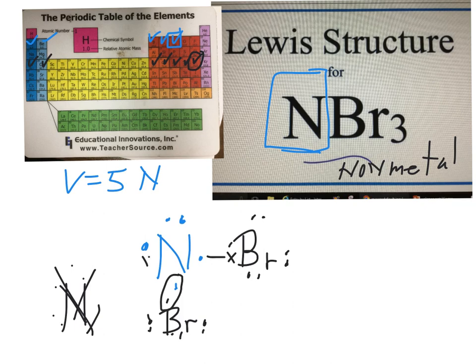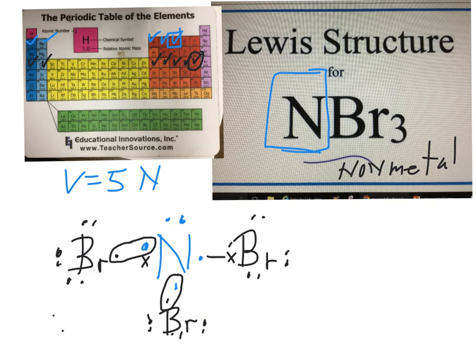Now we still have an empty space here, so here's another bromine, and you have 1, 2, 3, 4, 5, 6, 7 Lewis dots or valence electrons. Here these 2 electrons will share, and that's how you have NBr3. This is your Lewis dot structure.